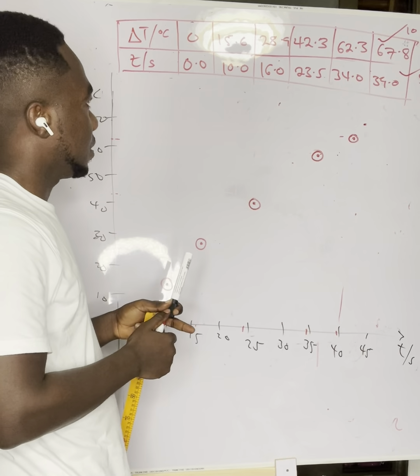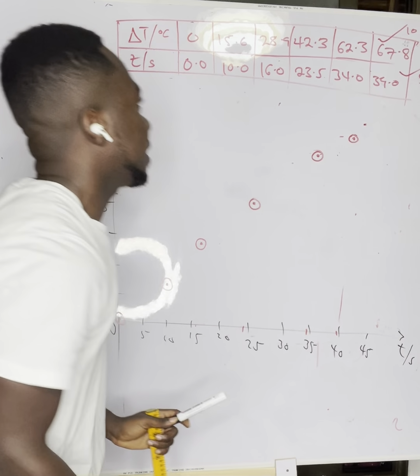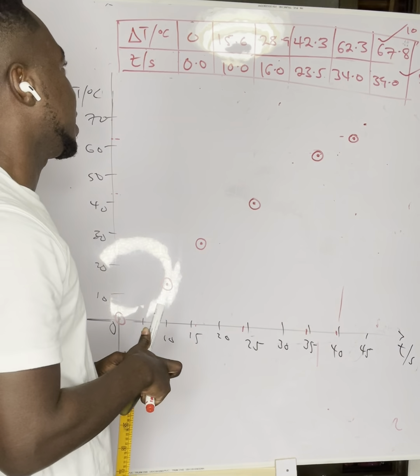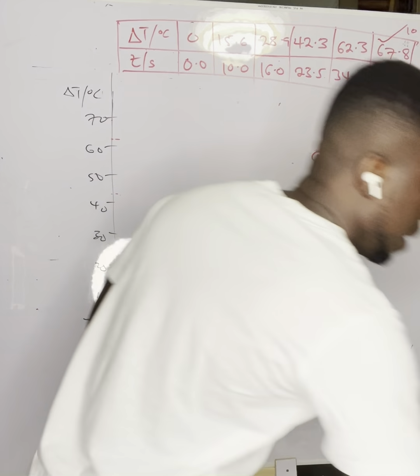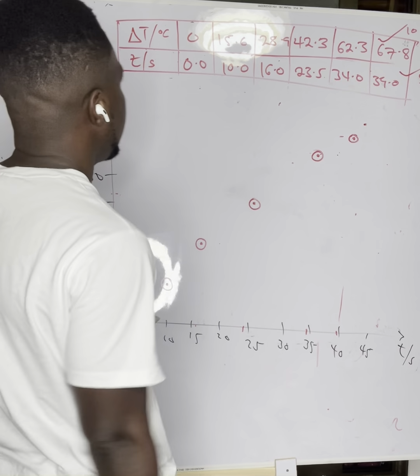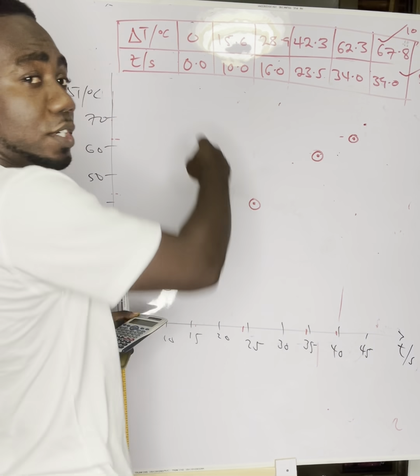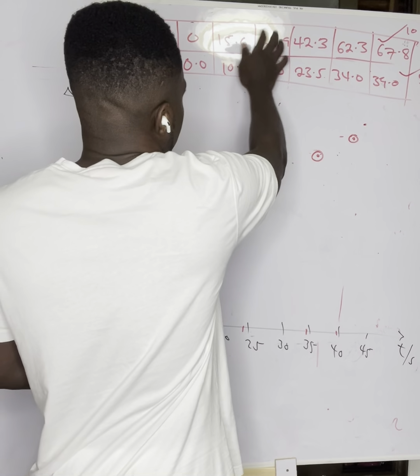We need to do our line of best fit. So for our line of best fit, you need to get your centroid. So find the centroid. You just need to add all the values on the differential temperature axis, then add all the values on the time axis. After adding all the values on the differential temperature axis, how many values? 1, 2, 3, 4, 5, 6.